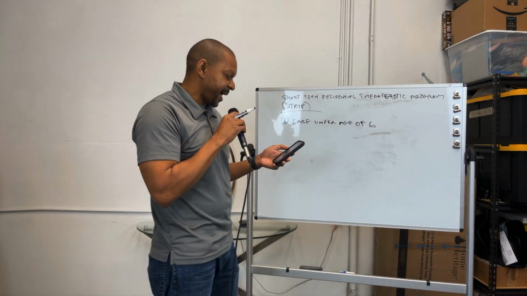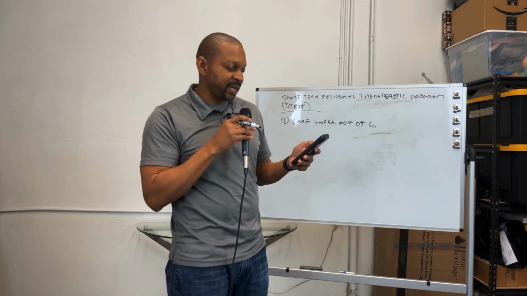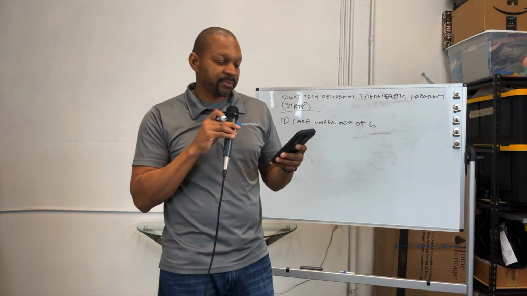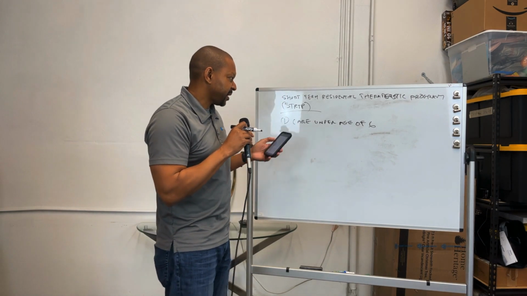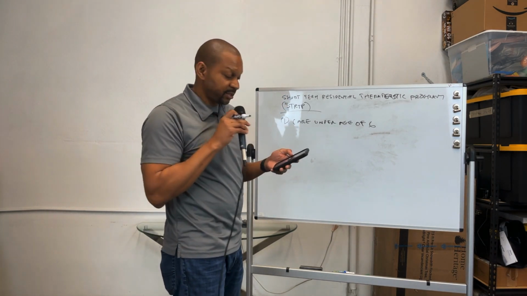What is that? Care for children under the age of 6 is an STRTP which provides care for children under the age of 6 years who are dependent of the court, regional center placements, or voluntary placements who are not accompanied by the minor parent. So that's care for children under 6. That's one program that you can license for.